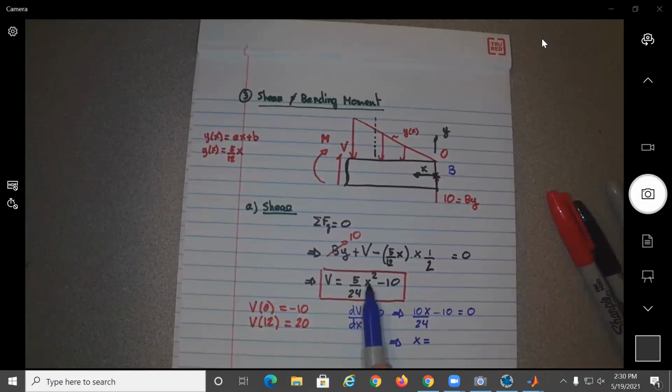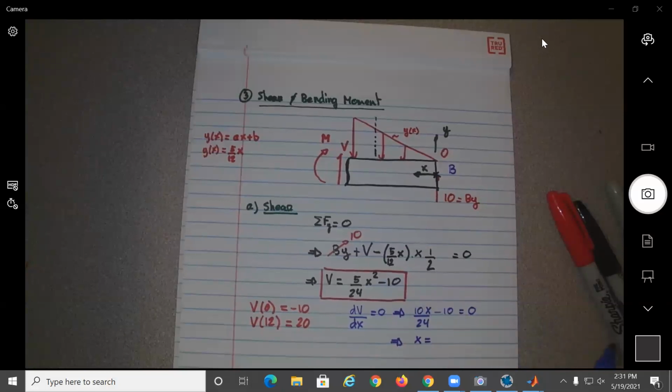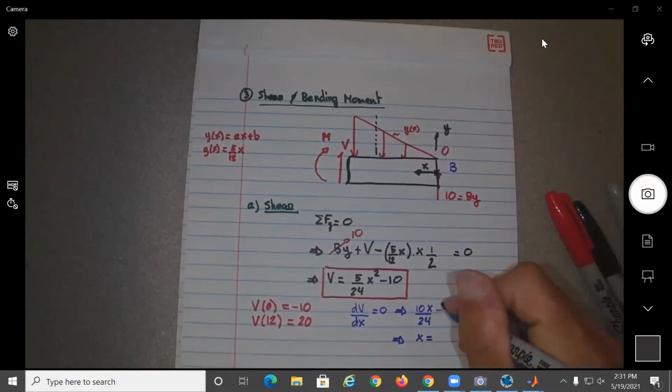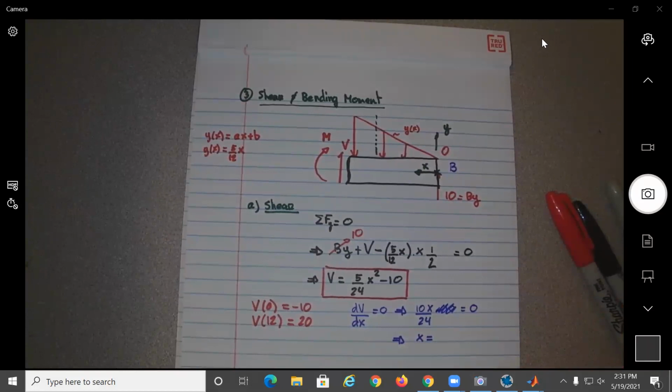Here we take the derivative, so it should be 5 over 12 times 2, and the derivative of 10 is 0. Sorry for that, I'm not paying attention. So it's not going to give us anything. This is only valid at x equals 0. Okay, not a big problem.